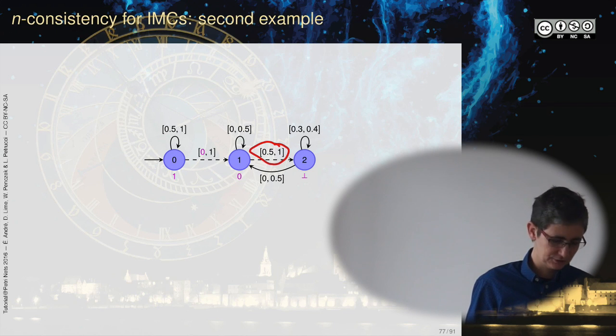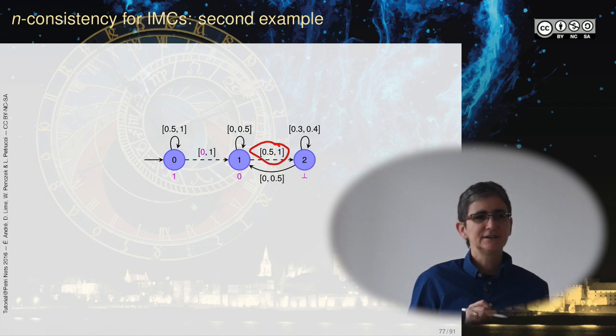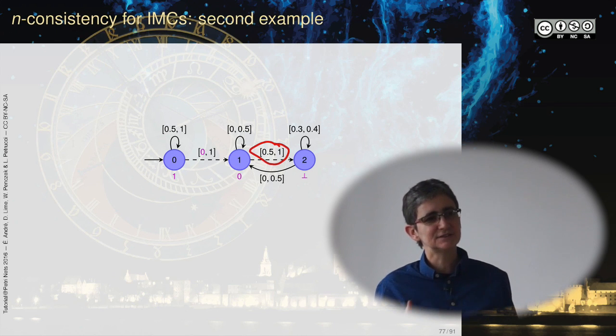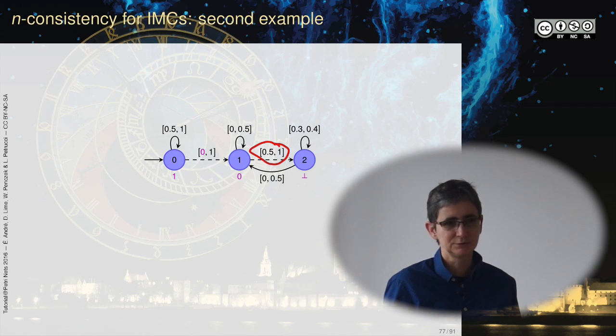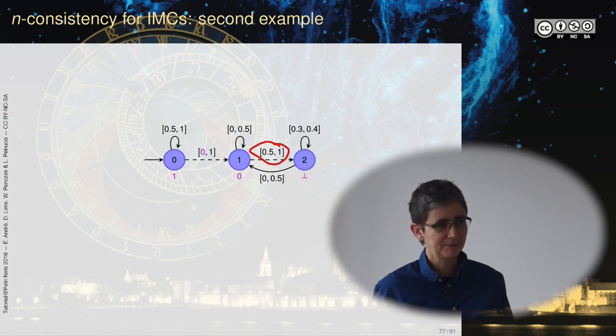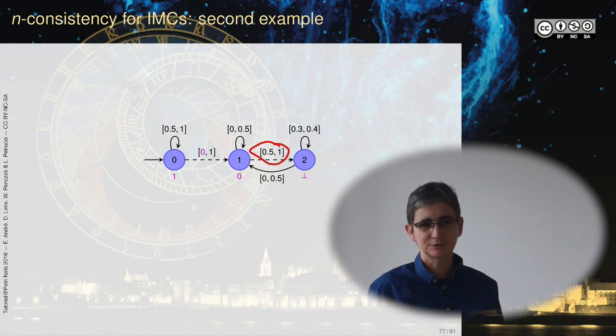So I cannot choose to avoid state 2. Therefore, the condition saying that the successors that I keep, which have a non-null probability to be reached, are n-1 consistent, so in this case 0 consistent, fails, and therefore state 1 is not 1 consistent.